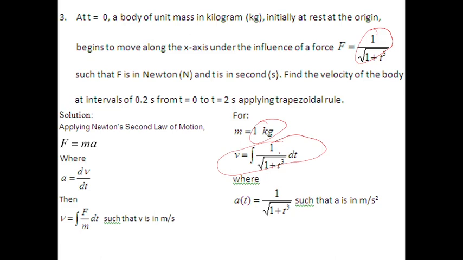In this case, a of t is equal to 1 over the square root of 1 plus t cubed, wherein the acceleration is expressed in meters per second squared. We know that the force is in Newton, mass is in kilogram, and Newton per kilogram is meter per second squared.